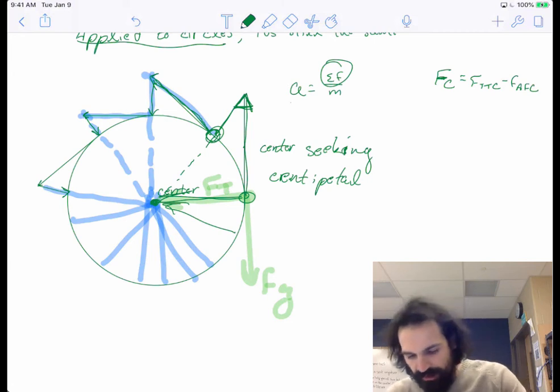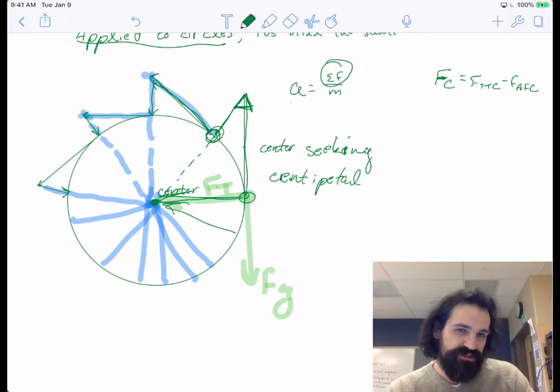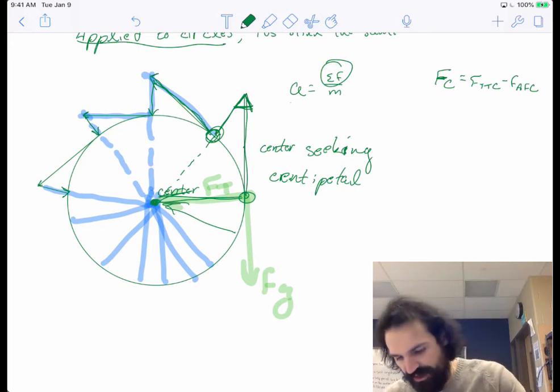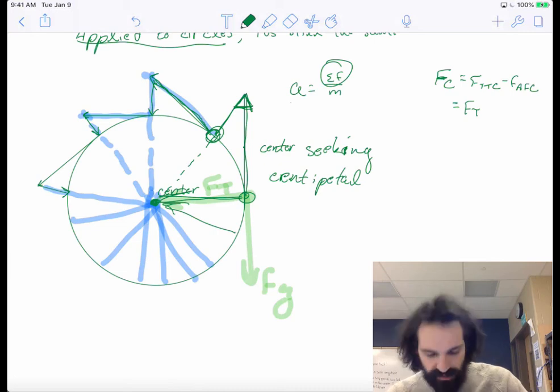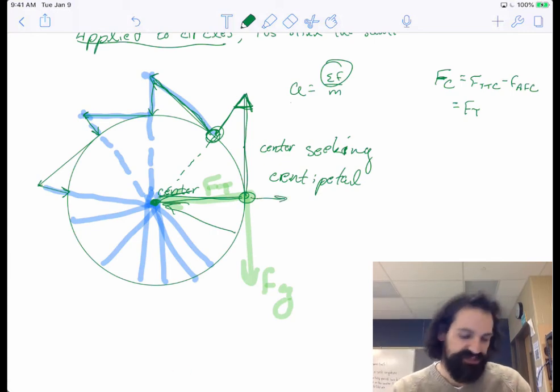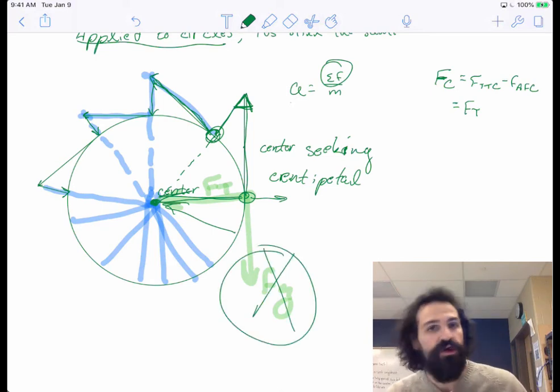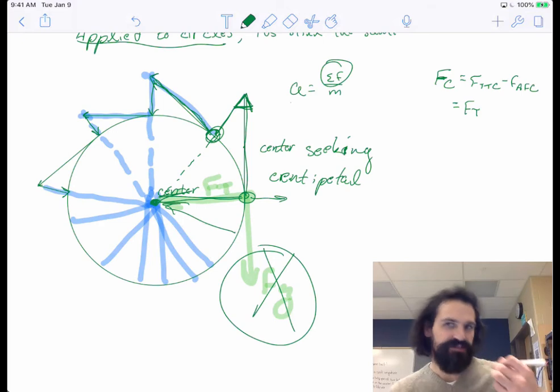Now, coming back to this centripetal force equation, it's forces towards the center, well, tensions towards the center, minus forces away from center. There are no forces pointing away from center. That's the other reason I chose this example, is because force of gravity is neither towards the center or away from the center, which means it gets completely ignored from this equation.